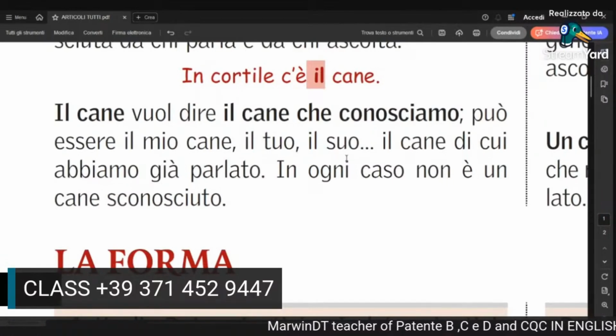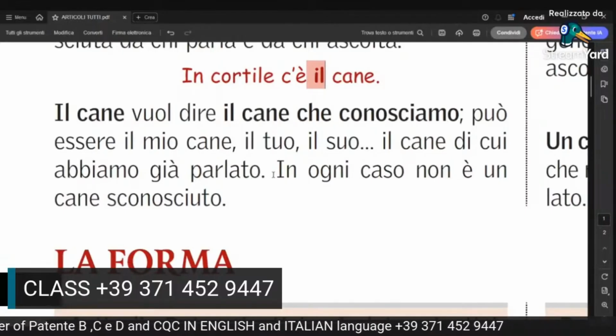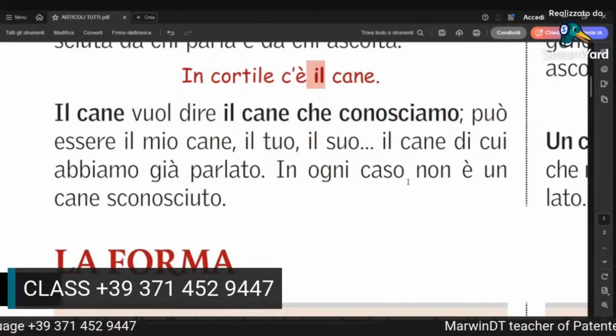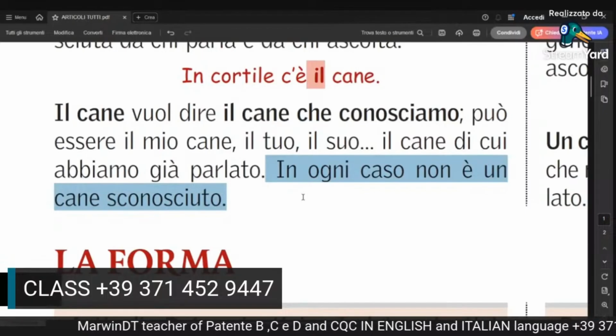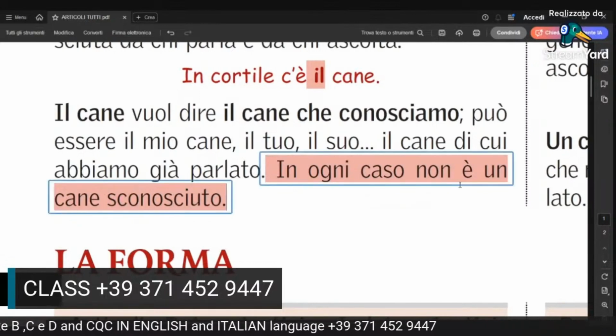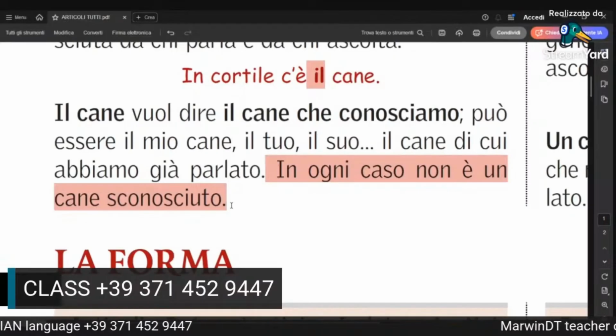Il suo, it can be her dog. Il cane di cui abbiamo già parlato, the dog that we have already spoken about. In ogni caso, non è un cane sconosciuto. So in any case, it is not a dog that we do not know. Sconosciuto means that we do not know.